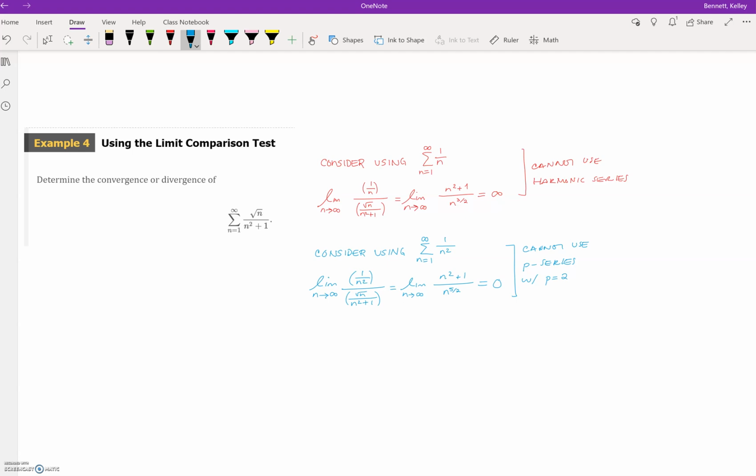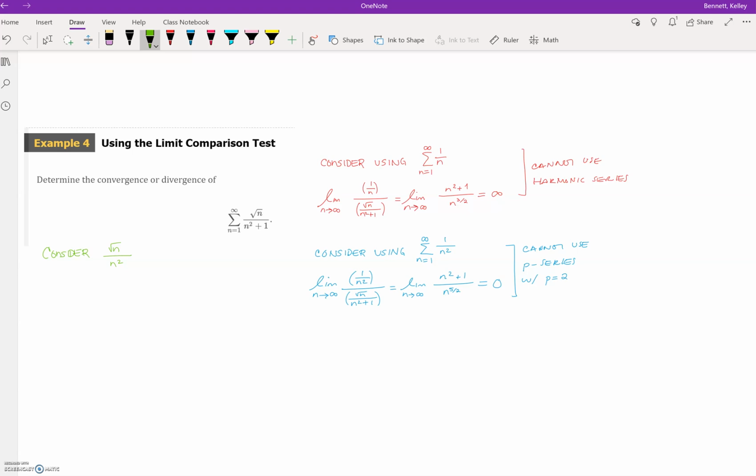So what we should do is consider just looking at the leading terms. So just look at root n over n squared, right?